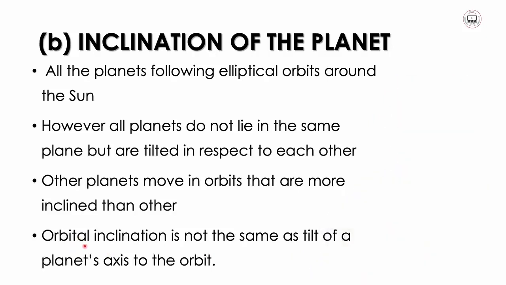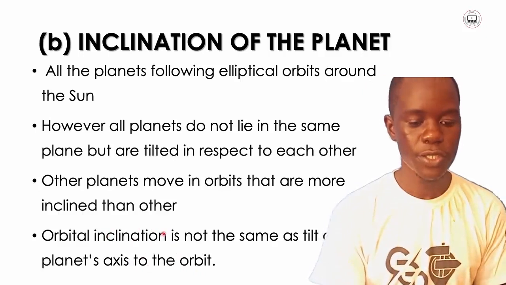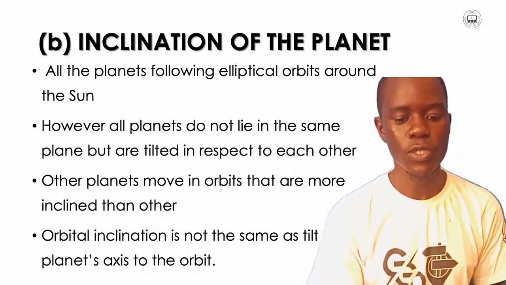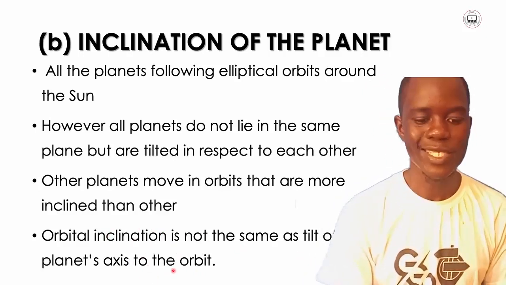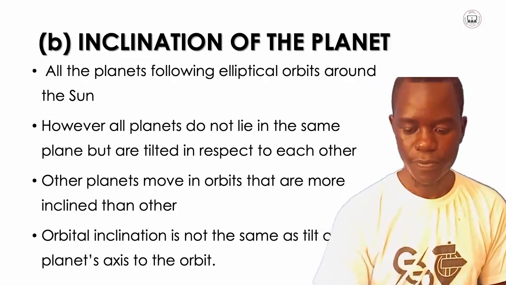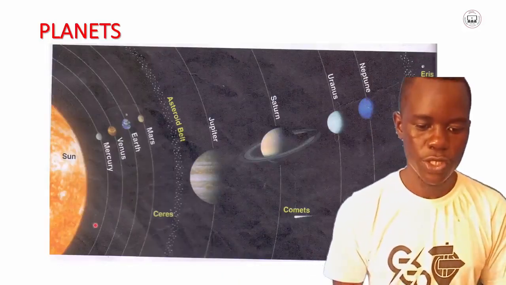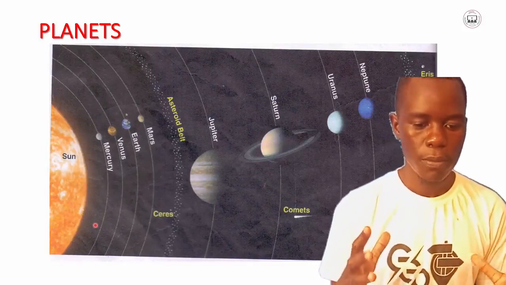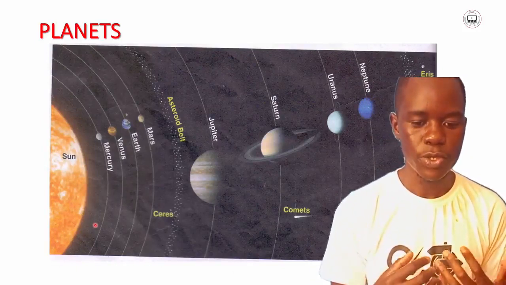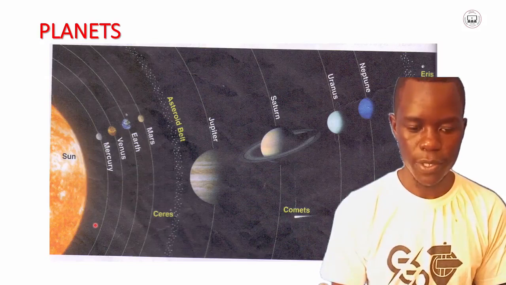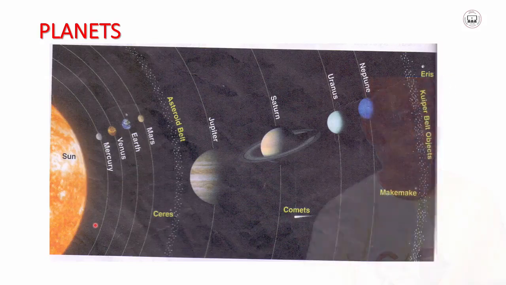The orbital inclination is not the same as the tilt of a planet's axis to the orbit. Here are the planets in the solar system with their inclined orbits.